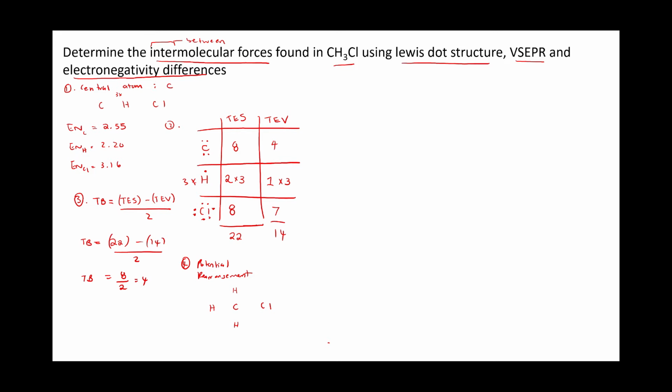You can imagine that hydrogen only has 1 valence electron, so the most it can form is 1 bond. We say hydrogen is monovalent because it can only form 1 bond, and each hydrogen will follow suit. Chlorine is a halogen. It only needs to form 1 bond, so we can also say chlorine is monovalent. And this is a potential structure because we know that carbon should be tetravalent. It should have a total of 4 bonds, right?